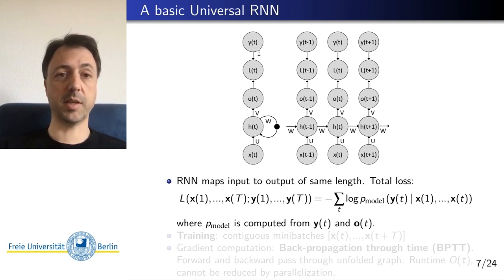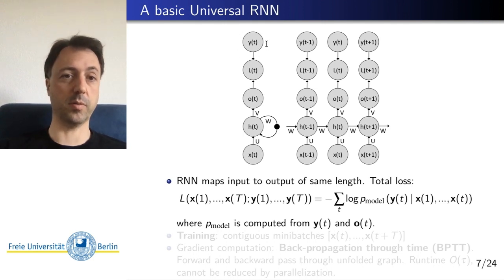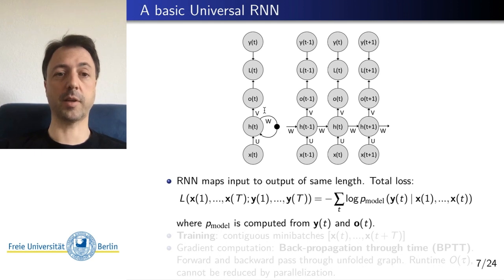So for every time step, we can compute the probability of observing the class that we want to observe, Y of t, given the class probabilities predicted by O of t. And then we can take the product of these probabilities along time, and we can take the logarithm of the product, and then we have a log likelihood of making the observation sequence Y given the predicted class probability sequence O. So that's one thing that is often done.